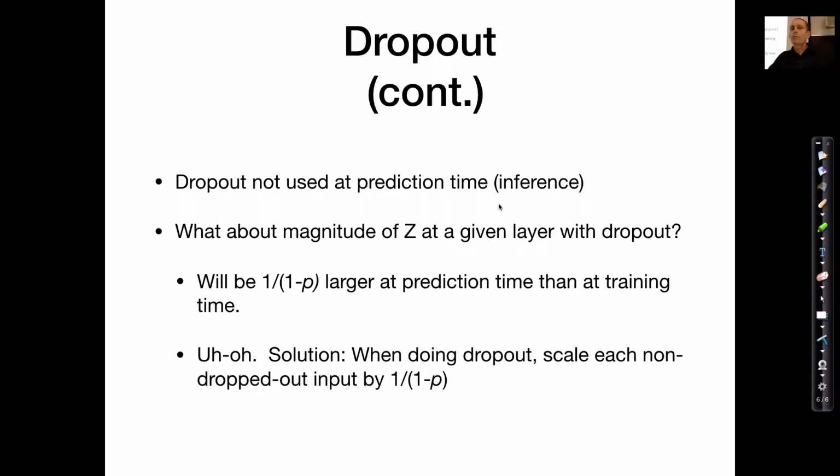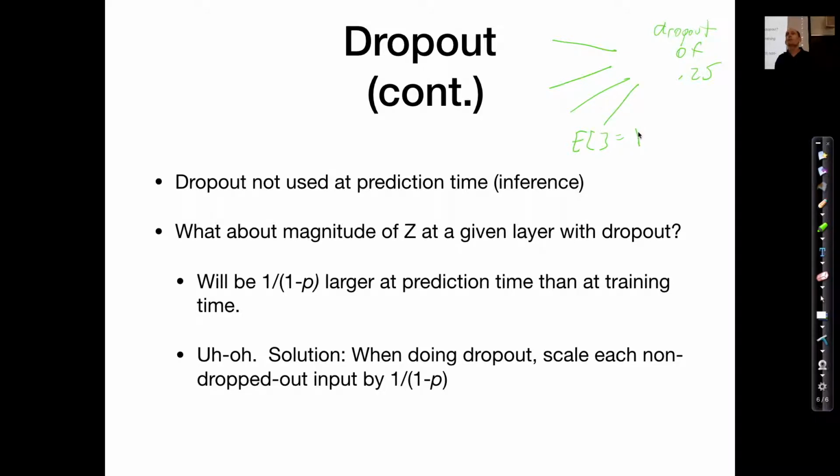So if we have 4 inputs coming in, and we've got a dropout of 0.25, and each of these has, let's say, an expected value of 1, then what's our expected weighted input using dropout? 3, right? Because we have basically an expected value of 0.75 for each one of those. So we get a total of 3.